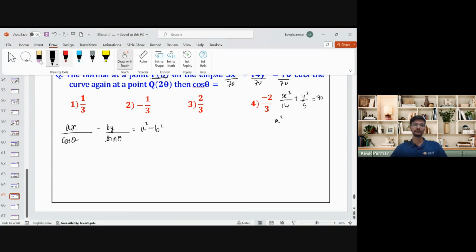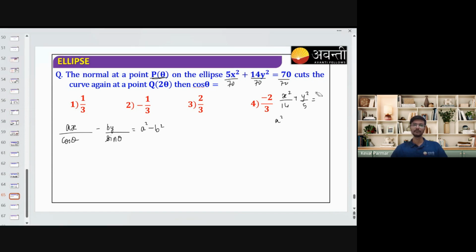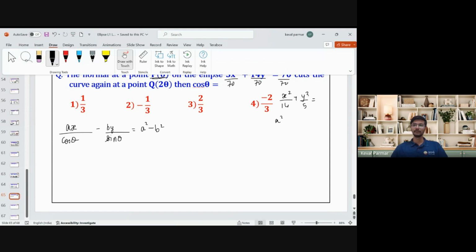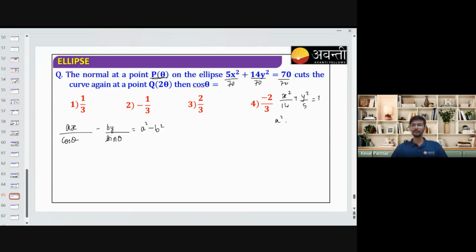Sorry, guys. So we'll get a square equals to 14 and b square equals to 5. So let's put the values here. So root 14x upon cos theta minus root 5y upon sin theta is equals to 14 minus 5, which is 9.